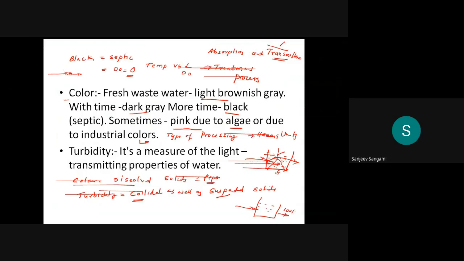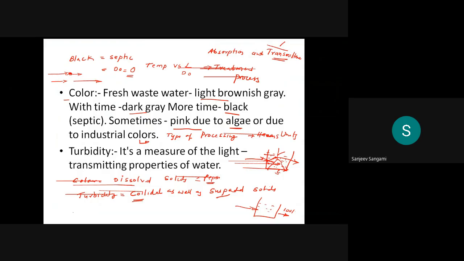If it is absorbing 100%, you won't get any light on the other side, which is zero transmittance. And if no obstruction is there, like with dissolved solids, then with no particle in the path, there is zero absorption by the particles and 100% is transmitted. So absorption and transmission are both very important when we are discussing turbidity.